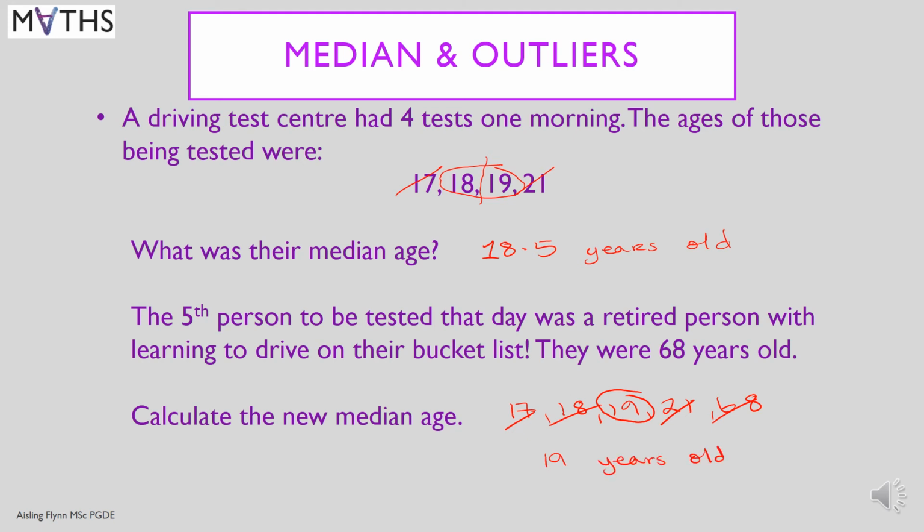So adding in the 68-year-old does have a slight effect on the median, but the median returned is 19 years old. It's not that drastic, and it still describes the main group, most of the people, pretty well. So in that case, when you have outliers, median can be a better choice than mean for getting an average.